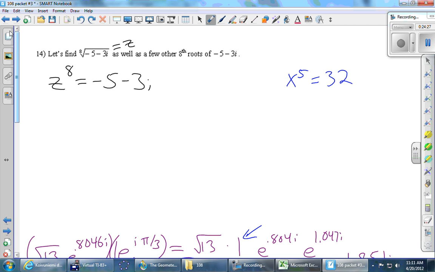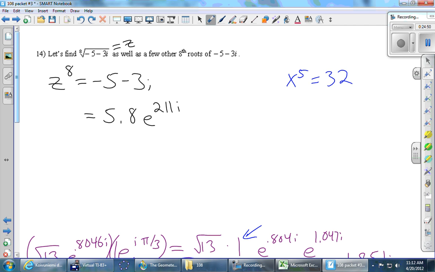All right, so here's what we're going to do. No idea how to solve this thing in this version, but what I'm going to do is change things to polar. And you guys actually already yesterday gave me the -5 minus 3i in polar. Can you look it up? I think we found it during class last time. e to the 211i.